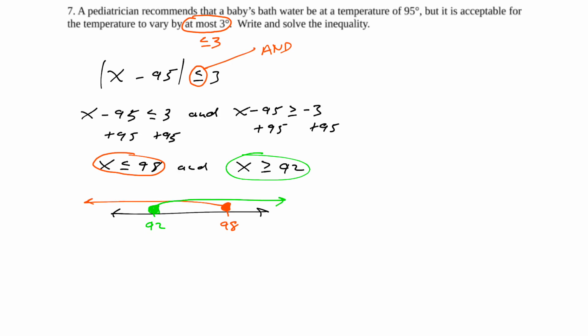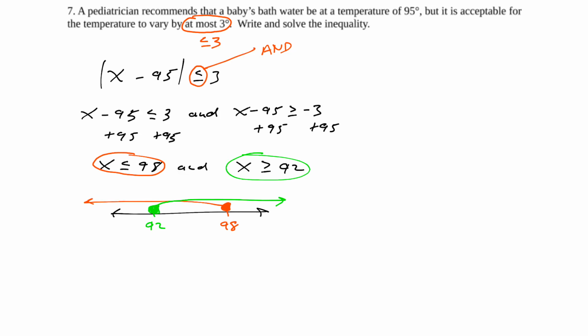All right, well, again, we're looking for the intersection. We have the word "and" here, which is the intersection, which is the double shaded part. So we're looking for the part in here that is double shaded. It is both red and green. So then we know how to write those answers.